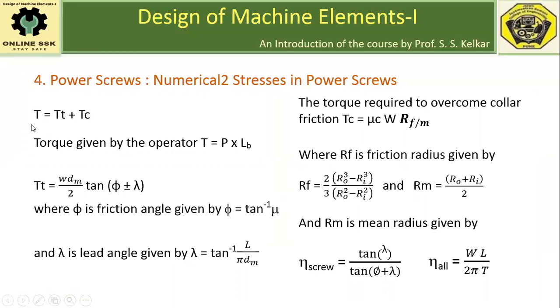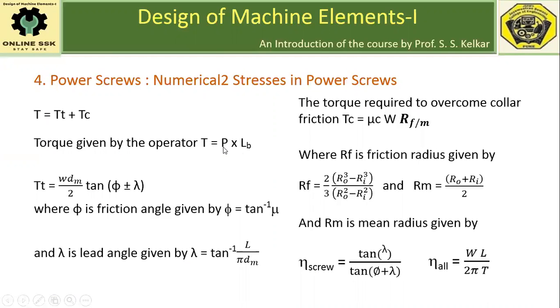This total torque as given by the operator for operating the power screw application, T, will be given by P multiplied by Lb, wherein P is the operator force and Lb is the length of the bar or length of the handle used by the operator for giving the torque.